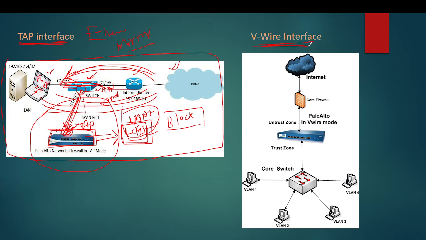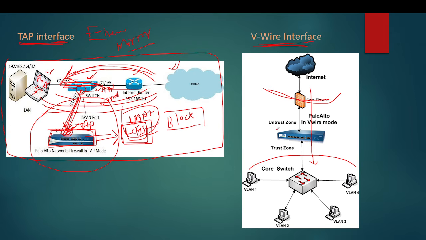So how are we going to install that virtual wire interface with Palo Alto? See here, let's take this as our internal network and this as our external network. Whatever traffic is coming from the internal to the external, there may be multiple unauthorized accesses coming to the network, and we want to block that.